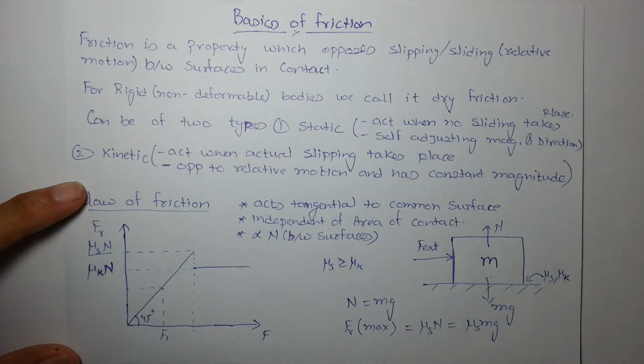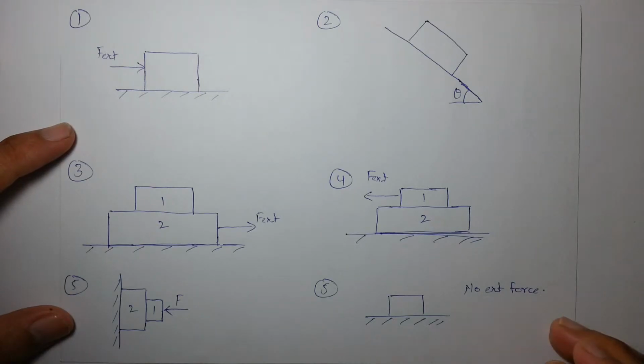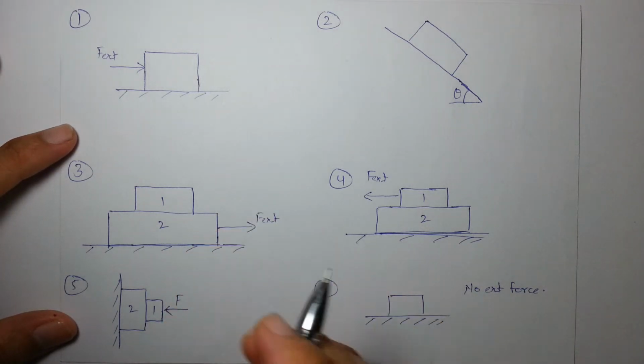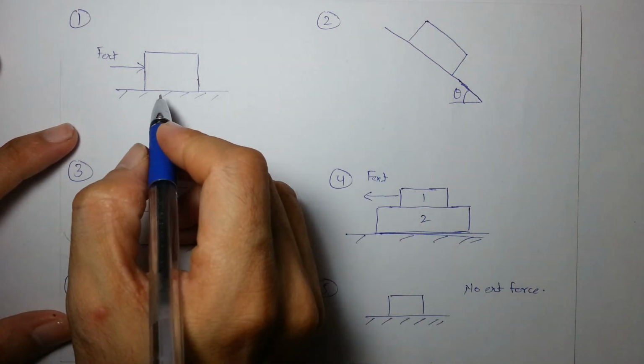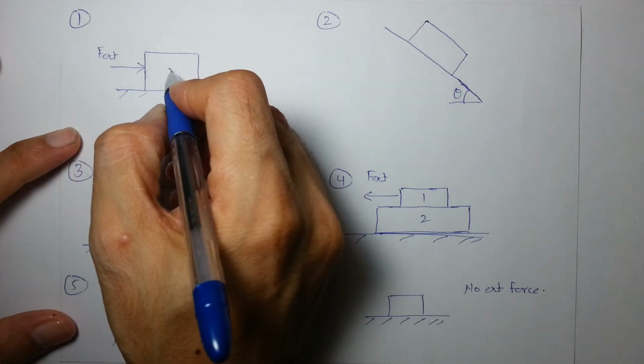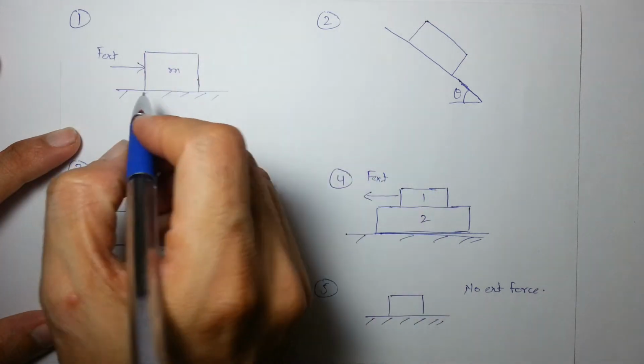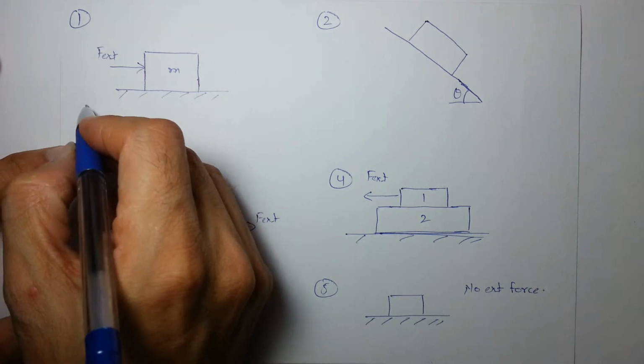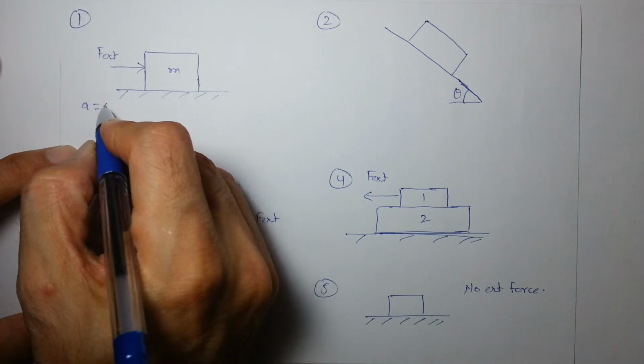Let us solve a few examples in which we have to find the direction of the friction force and, if possible, the magnitude with the knowledge we have. F external is applied. Case 1: when the block is not moving, acceleration of the block is 0.